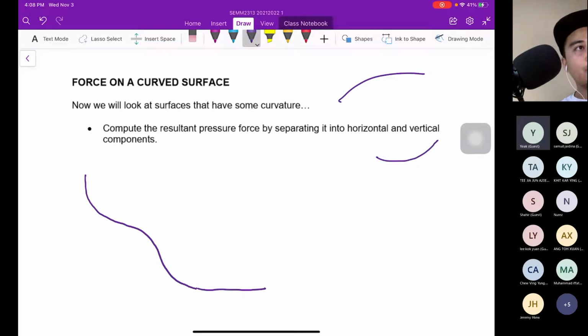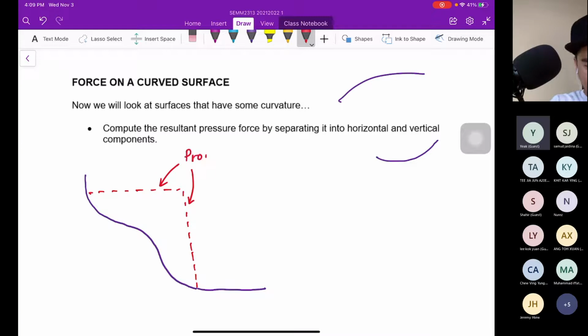So first we need to set the projection. We need to set the projection into horizontal. This is the horizontal projection and this is the vertical projection. That means we need to separate the X and Y components into projections.